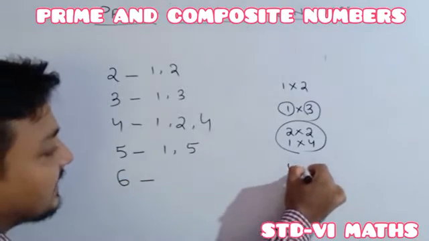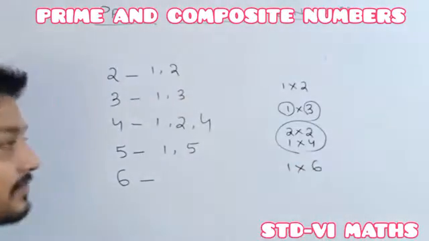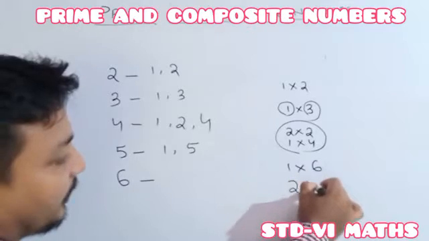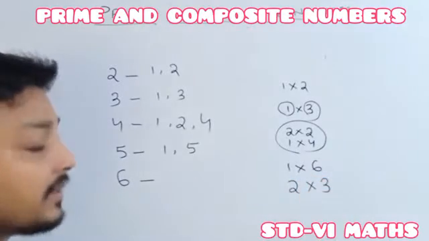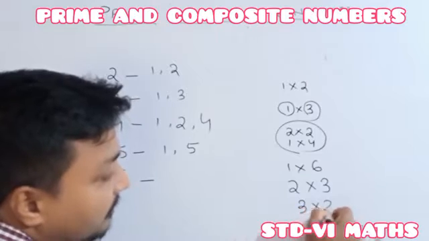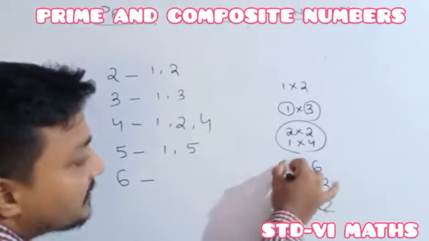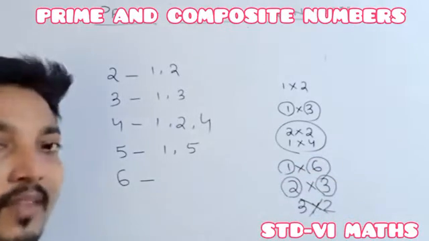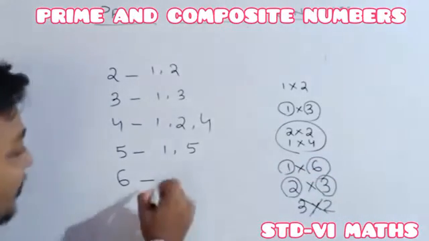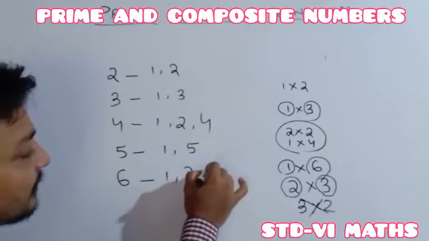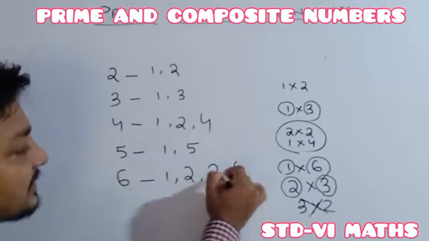See, 6 can be written as 1 into 6, then 2 into 3, then 3 into 2. Where it repeats, 3 into 2, you just have to stop there, and the factors are 1, 2, 3, 6. Easy concept. So the factors of 6 are 1, 2, 3, 6.